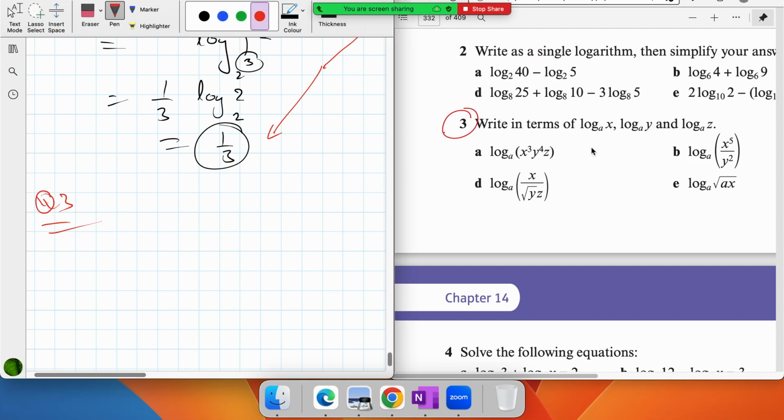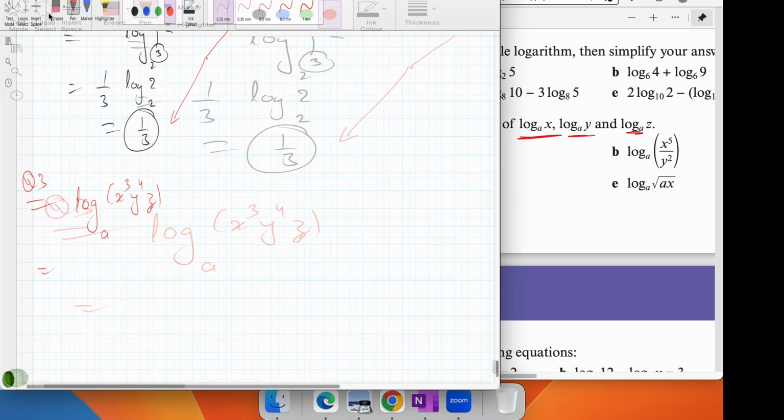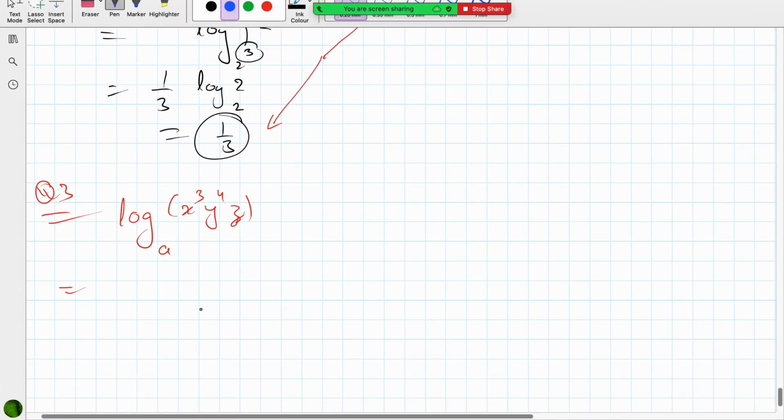Now see, question 3 is telling you to write in terms of this thing. So log of x cubed y to the 4 z to base a. We can see all of them are actually multiplied. So when you take the reverse of that, there will be an addition sign.